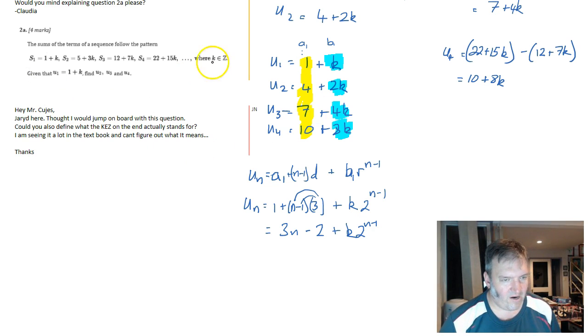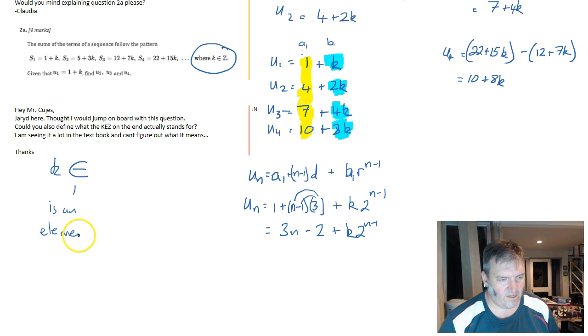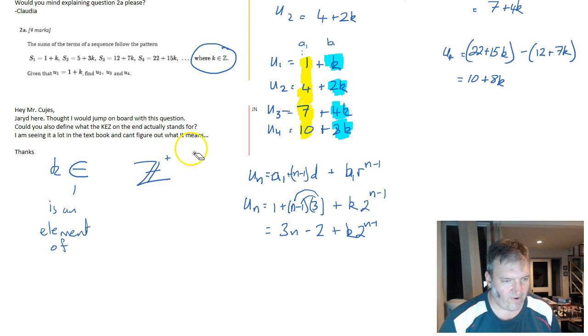Good question here by Jared. What is k element of z? k is the constant they're referring to, and the symbol means is an element of the set. And z, oh, it's just z, it's not z plus, that was from one of your other questions.